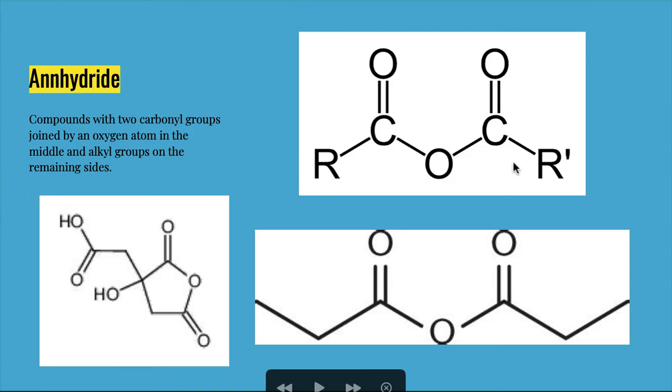So here's one carbonyl, another carbonyl, attached by an O in the middle and an R group on either side. That's the representation. You can look over here: there are the two carbonyl groups attached by the O in the middle, and then there are R groups, and another example over here.